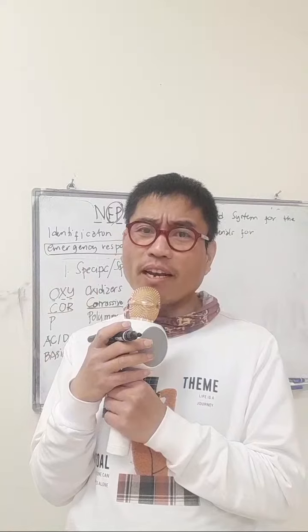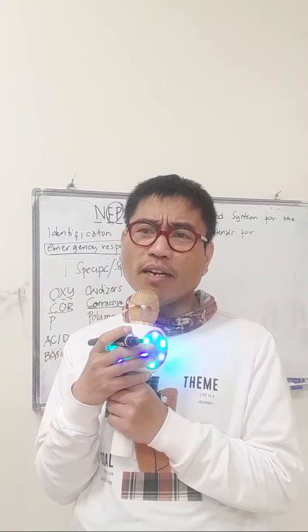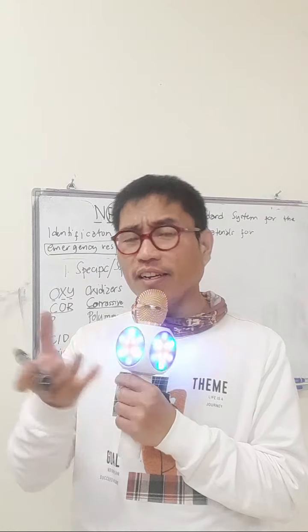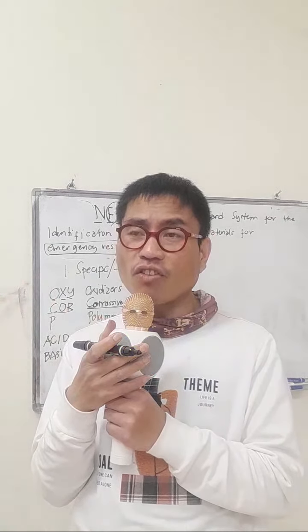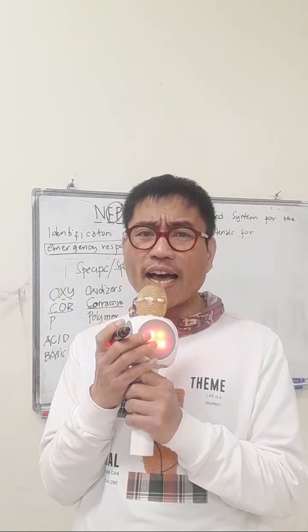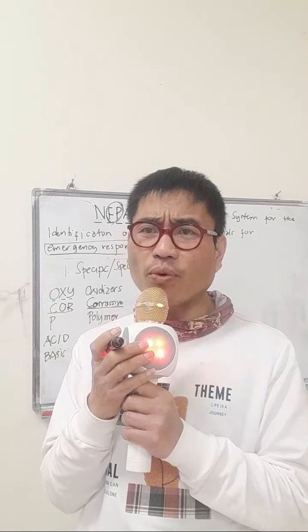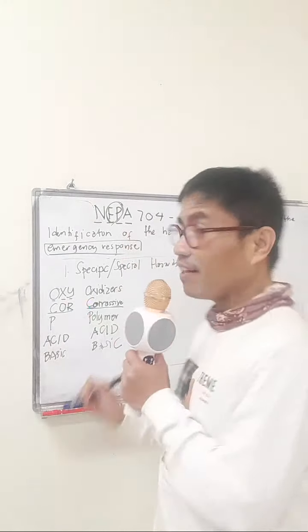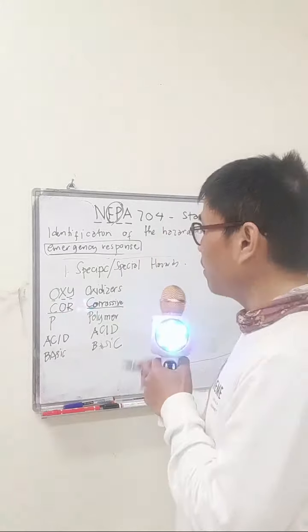That's the normal effect. But normally it can cause chemical burns. Later on there will be an irritation of your skin, in the nose, in the eyes, in the lung, in the throat, and in the respiratory system. So that is really the irritant chemicals.